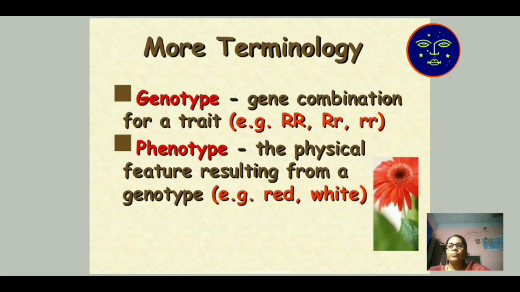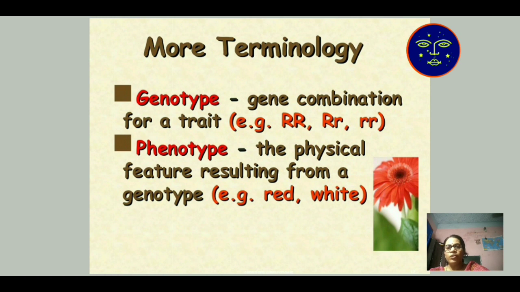Then more terminology used in genetics. Genotype. Genotype means the gene combination for a trait, which does not look visible to our eye, but in gene study it is seen. So it is known as genotype. Genotype is represented by capital R, small r, and the hybrid form capital R small r.